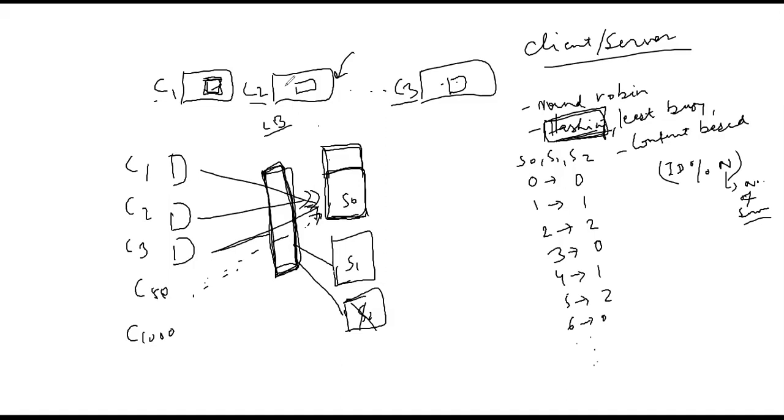And then what will happen if the modulo is changed, for example? So now I can start sending the requests. I have only 2 of these servers, right? So I can start sending 0 up to 4 to server 0, and 5 up to 9 to server 1, right?